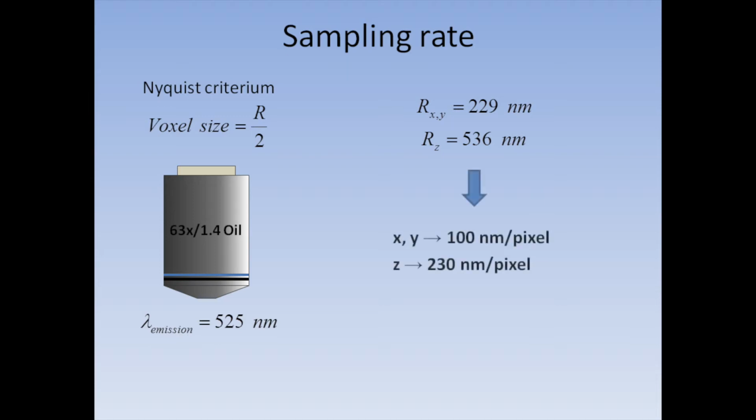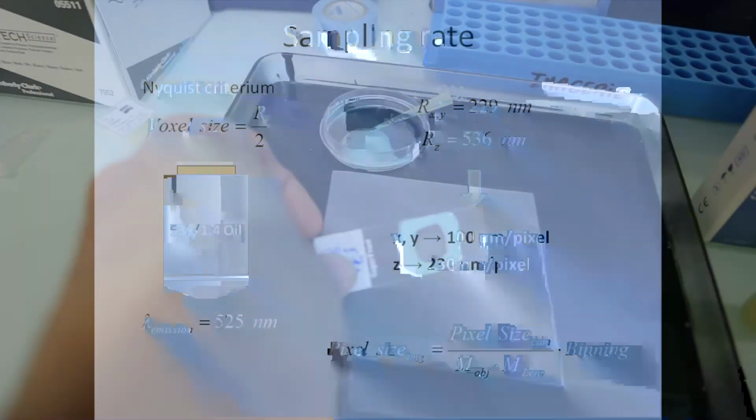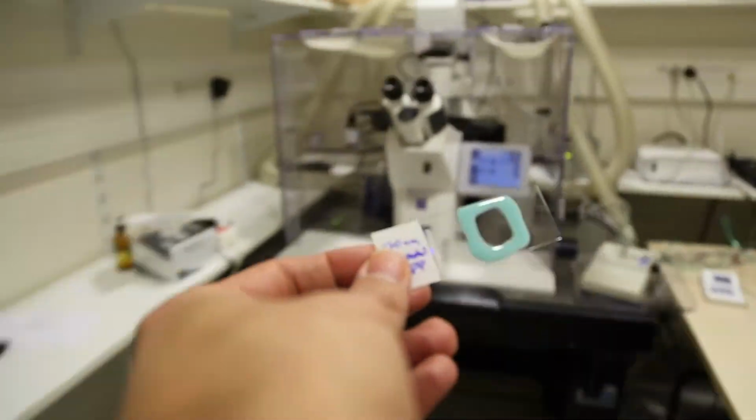These values correspond to a 100 and 230 nanometers sampling rate, respectively. In wide field microscopy, the XY sampling rate depends on the camera pixel size and on the magnification of the optical system.